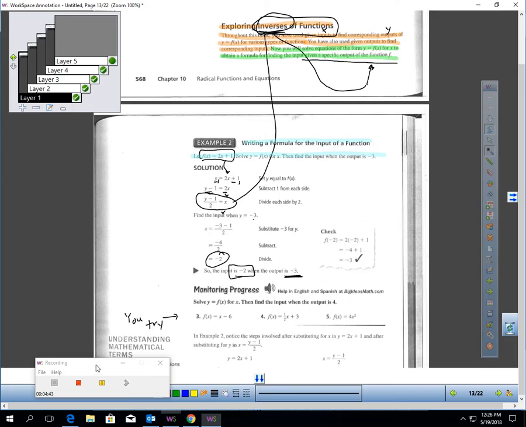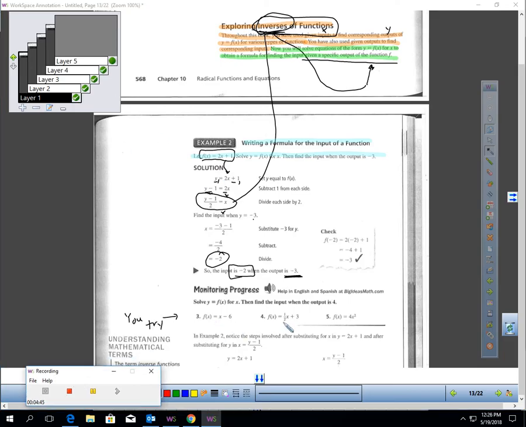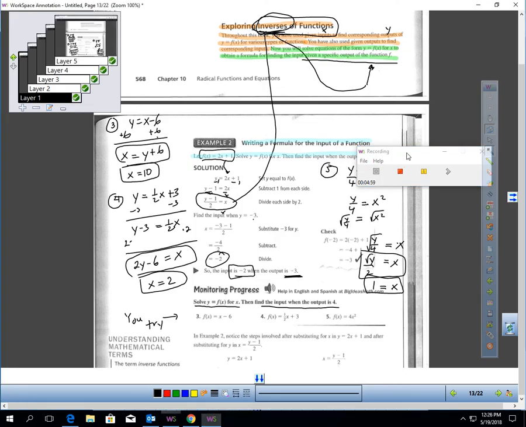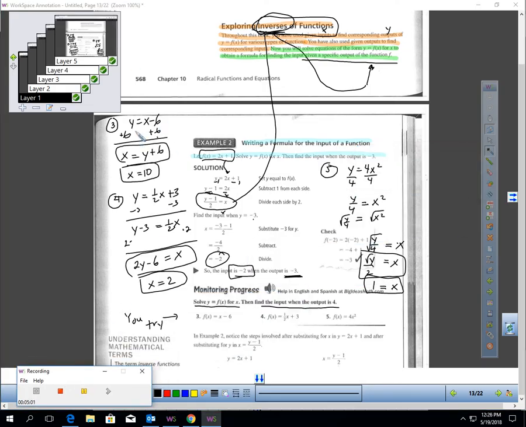Why don't you pause the video and try 3, 4, and 5. I want you to solve these equations for x and then find the input when the output is 4. Go ahead and do that. And we're back. So here's question 3. I'm solving for x. I added 6. x equals y plus 6.